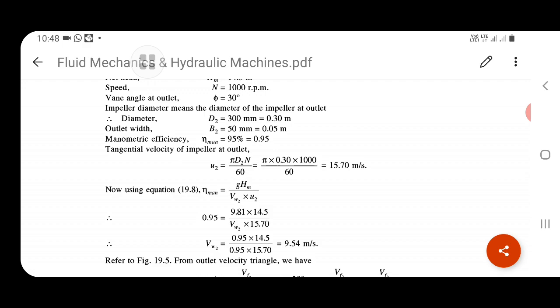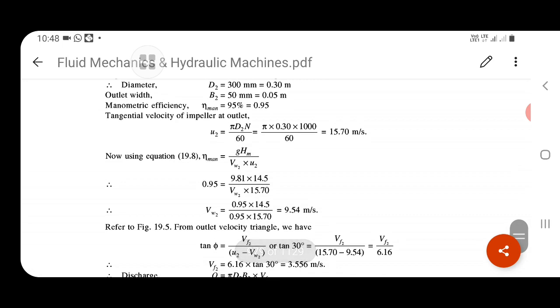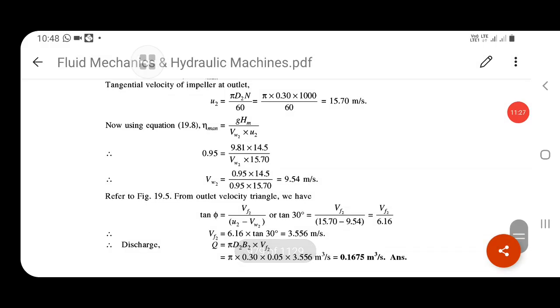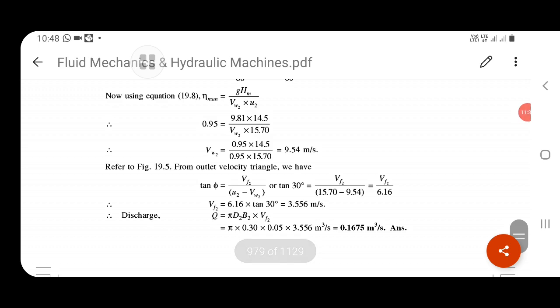That is 15.70. So manometric efficiency is g Hm upon Vw2 U2. With the help of that, calculate Vw2, 0.95 into 14.5, that is 9.54. Then calculate tan phi equal to Vf2 upon U2 minus Vw2.